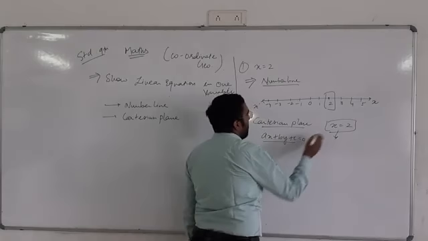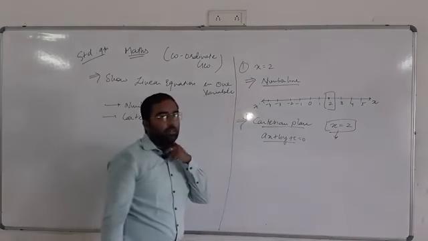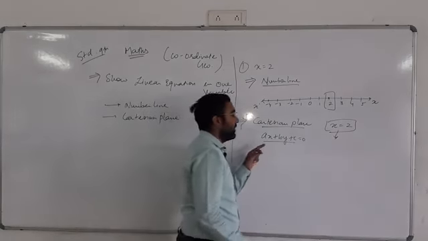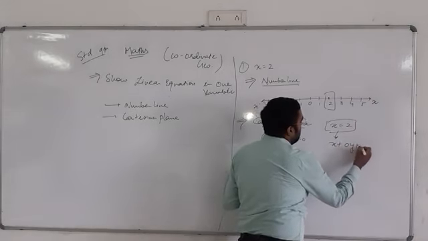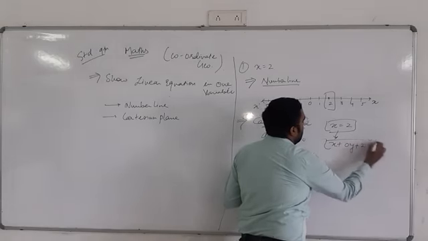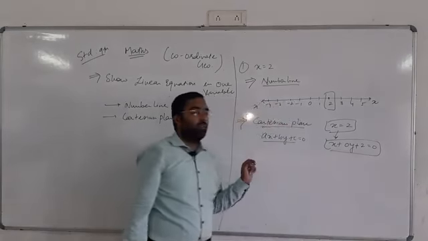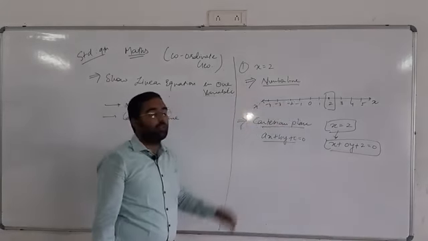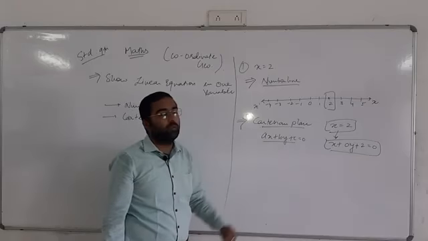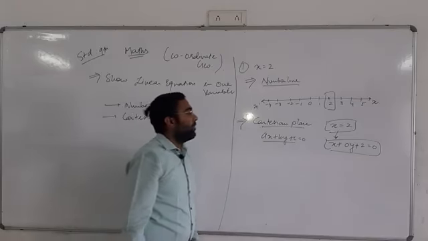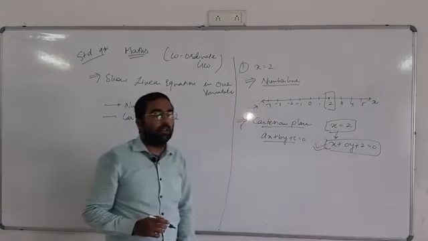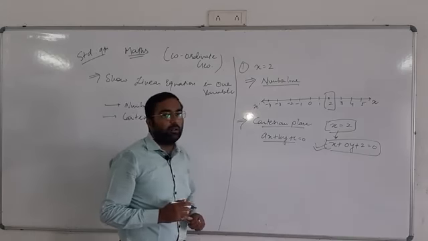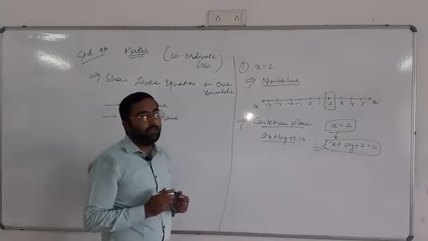As per the standard form, x plus 0y plus c, that is 2, equal to 0. My linear equation in two variables for this question is x plus 0y plus 2 equal to 0. Now I take this equation to represent the linear equation in one variable using the Cartesian plane.